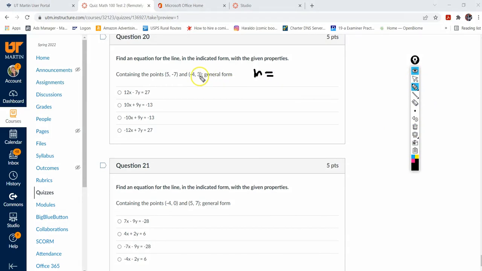So the slope is going to be that y coordinate minus that y coordinate all over the change in x, which is that x coordinate minus that x coordinate. This will be 3 plus 7, which is 10, all over negative 4 minus 5, which is negative 9. So my slope is negative 10/9.